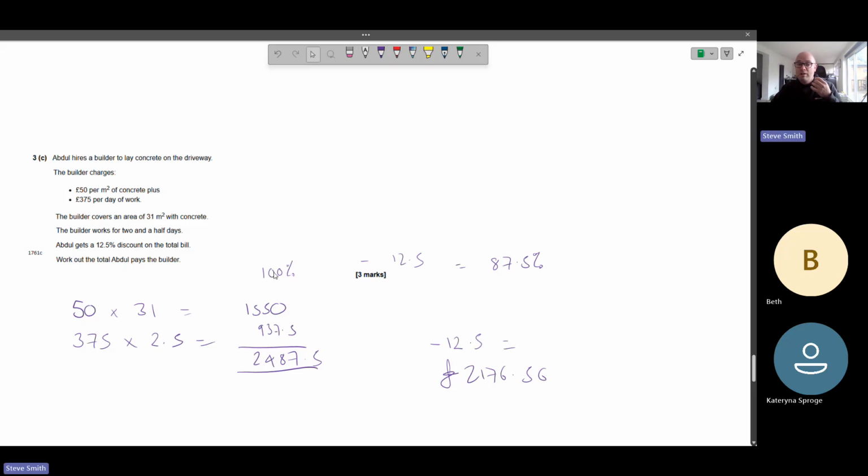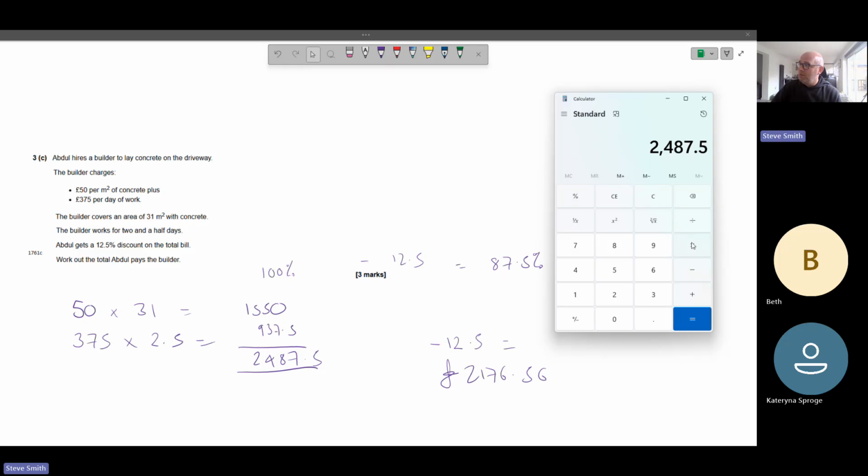We've got that amount, and that's the 100% amount, we're going to take 12.5% off it. Think of it in your head as a decimal. We had 1. We're taking off 0.125. We've now got 0.875. So we're going to just times our number by 0.875 because we want 87.5% of that number. We've timesed it by a decimal, and surprise, surprise, we get the same amount again.